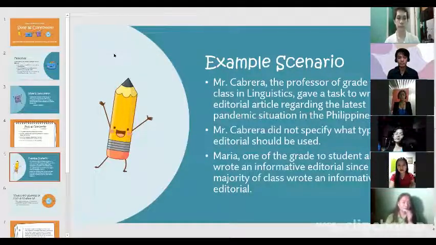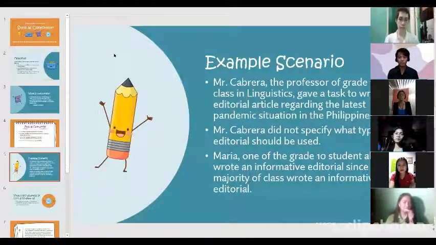One of the grade 10 students, named Maria, also wrote an informative editorial since the majority of the class did that. In that scenario, Maria has to decide whether she is going to conform her writing to the type of editorial that the majority did, or deviate, meaning to change or depart from the majority.